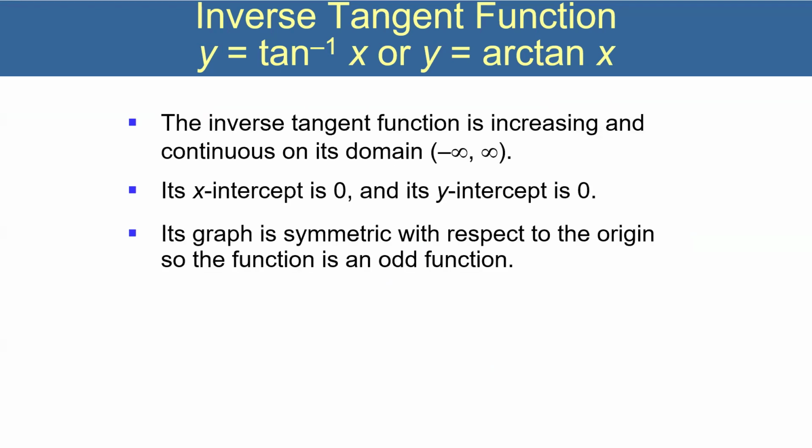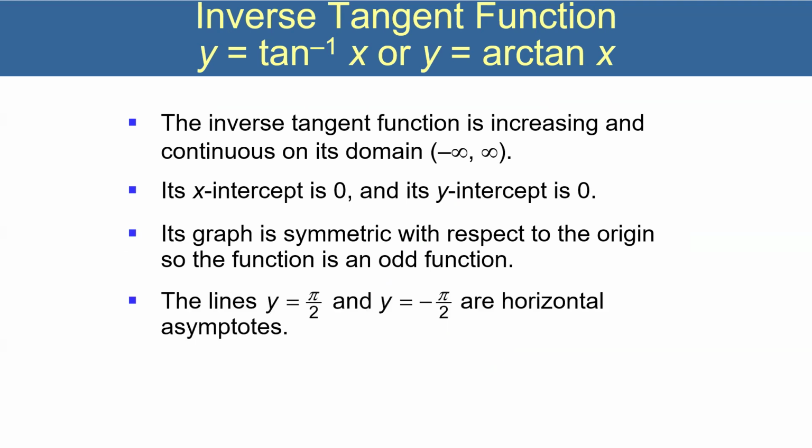So therefore it's an odd function. It has origin symmetry, aka rotational symmetry, which makes it an odd function. Okay, so those are things you should be able to analyze.